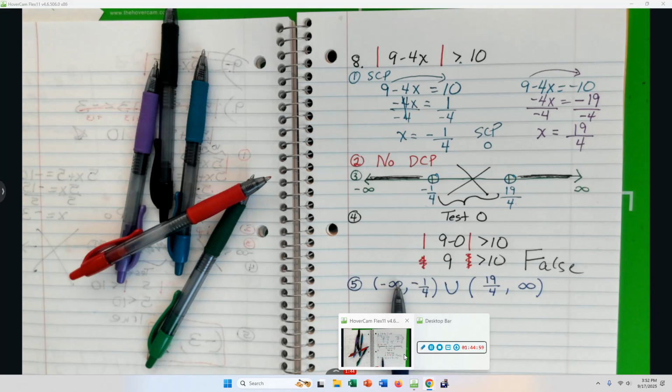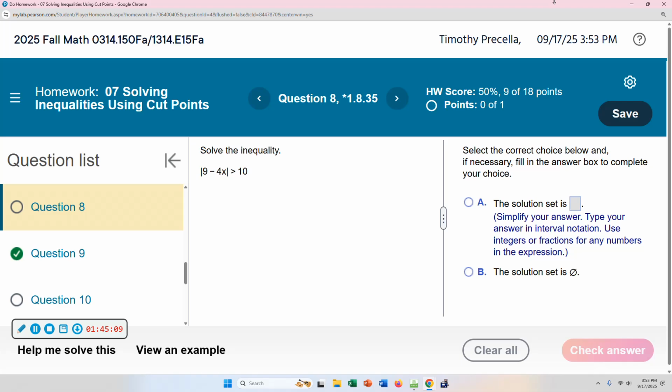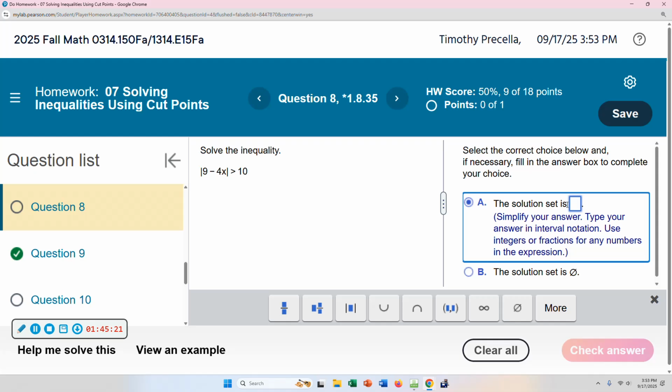This means all numbers to the left of negative 1/4, not including negative 1/4. And also the numbers, oh, where'd that come from? Well, I'll let you type it in. Okay. Let's see if he knows how to. Help him out. Do you need help with the mouse, Tim?